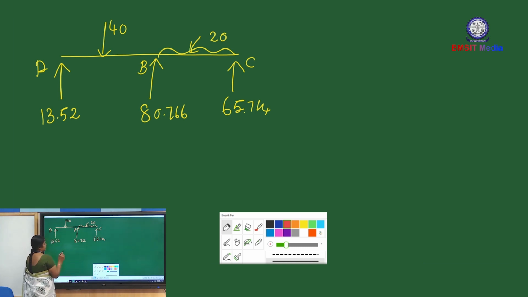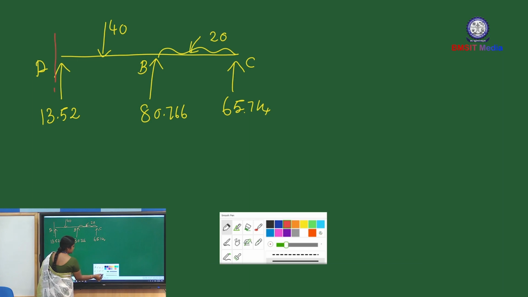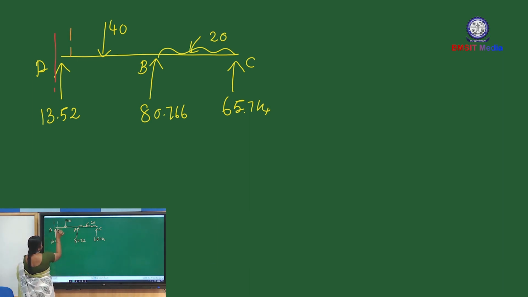So at each and every point, I am going to divide into two sections. One is the left side, another one is the right side. So this is A1, this is A2, A11 and A22.